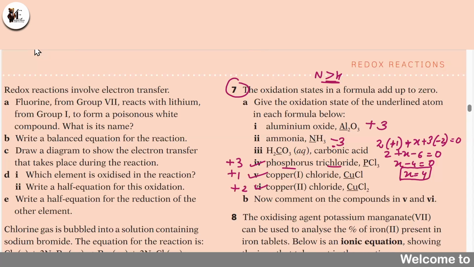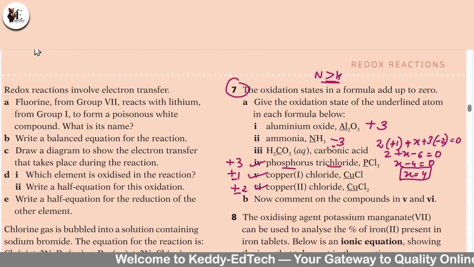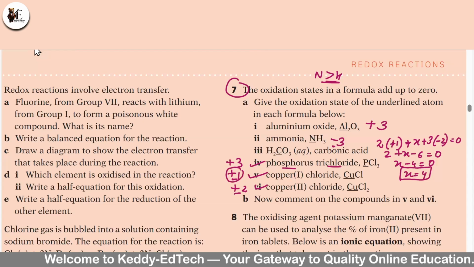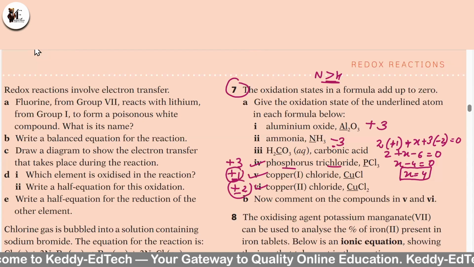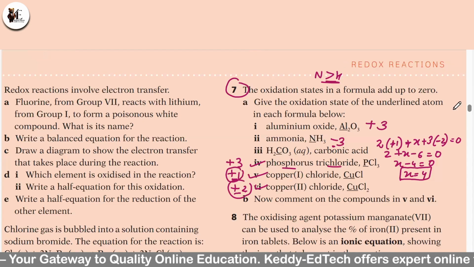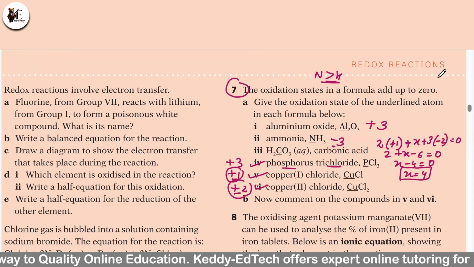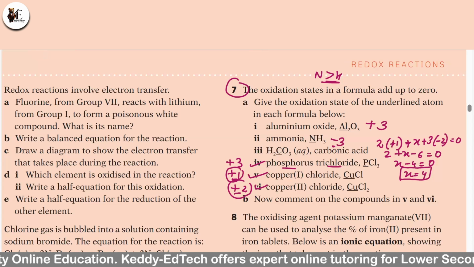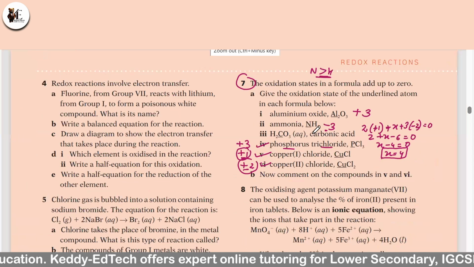So you can see here 2 compounds. In copper chloride, copper has an oxidation state of +1, and in copper 2 chloride, copper has an oxidation state of +2. It means that copper can exist in multiple oxidation states because it is a transition element, and transition elements show a variety of different oxidation states. Is it clear? Yeah.